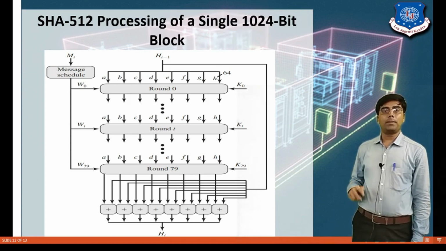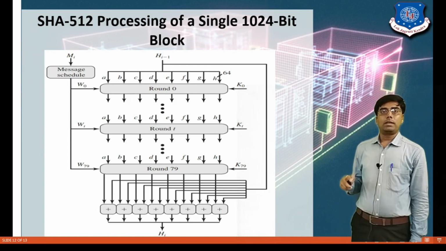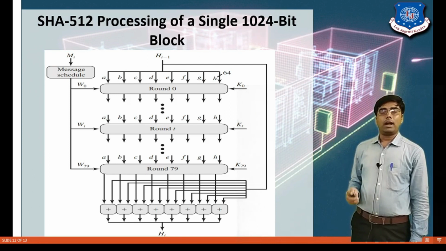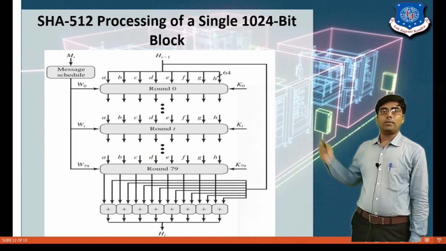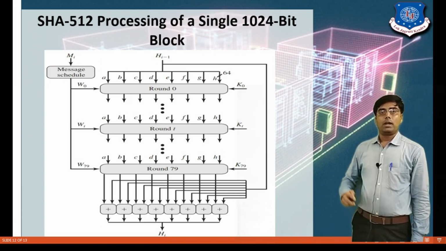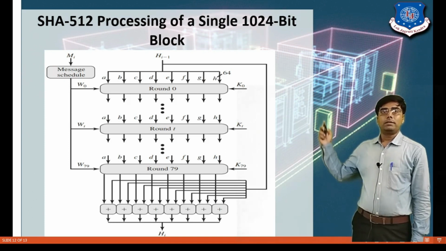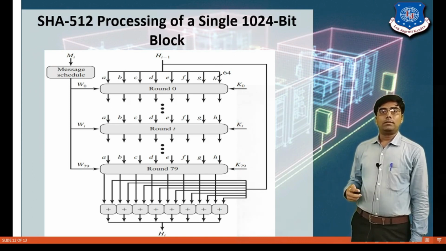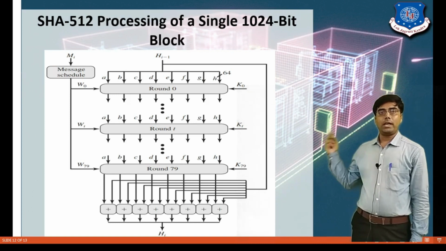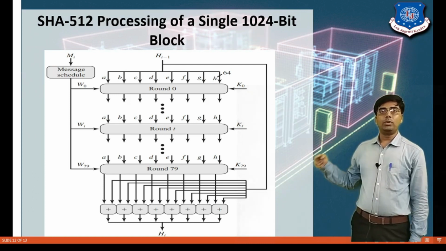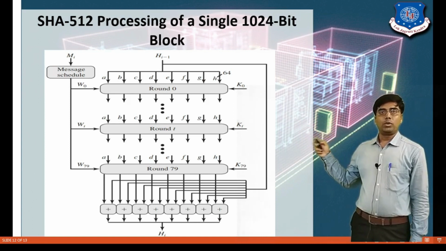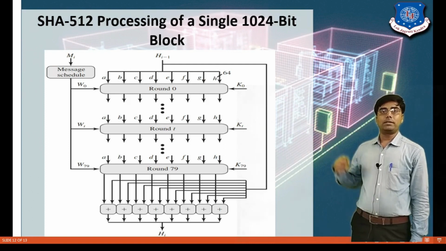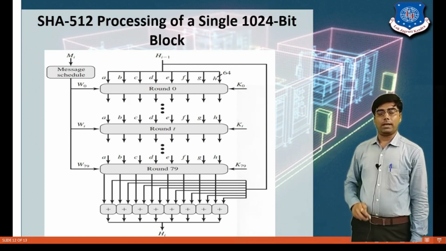The initialization vector is added with the output from the 79 rounds, and the hash code comes out. The size of the hash code is 512 bits, and it is input to the second process of the plain text block. Now we will repeat these things up to round 79.